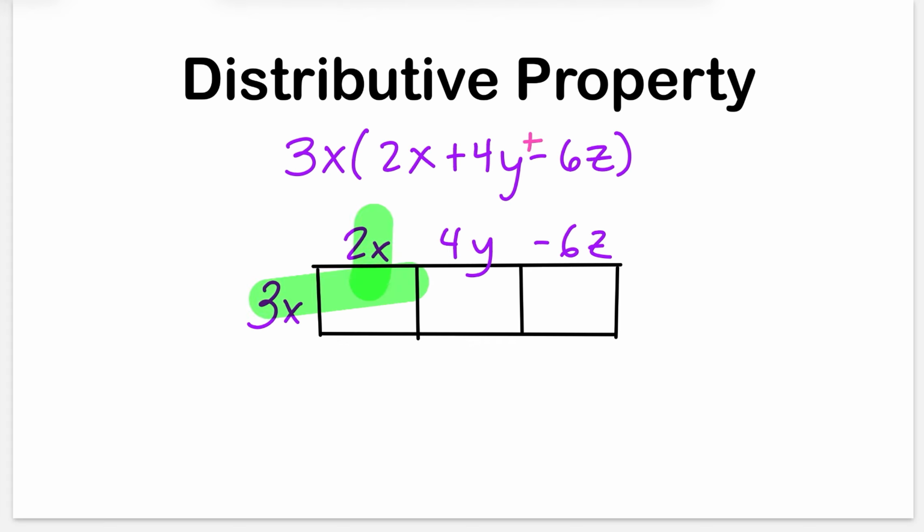So multiply the first two together, we get 6x squared. When we multiply the middle term and 3x, we get 12xy.